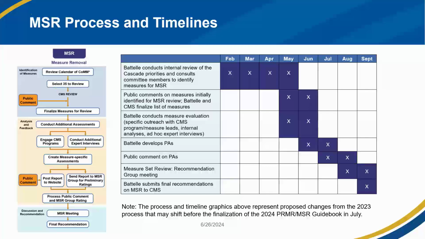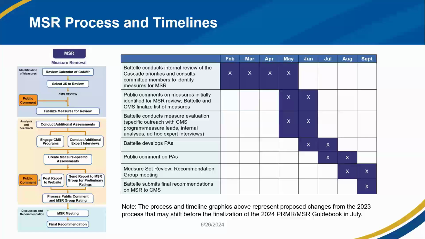Let's see. So aside from that, we're kind of in this middle section, this orange section of analysis and feedback. So if you look to the right, we've already established the measures that are going to be on the list. So right now, if you look down on this right graphic, we've already received public comment, and now we are doing a development of the preliminary assessment.